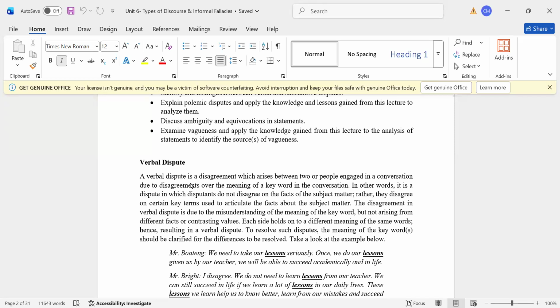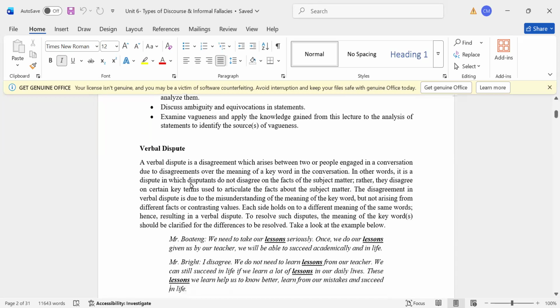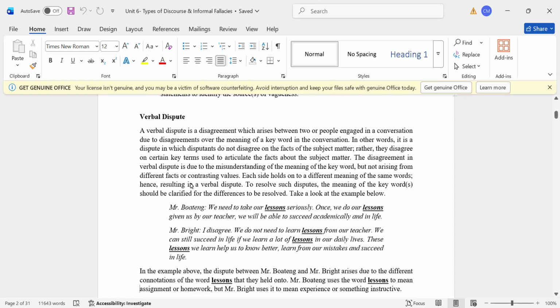And so if you look at the two, they are making an argument using the keyword, but each of them is reading a different meaning into the keyword. And that constitutes a disagreement between them. Do you get it? Yes, sir.